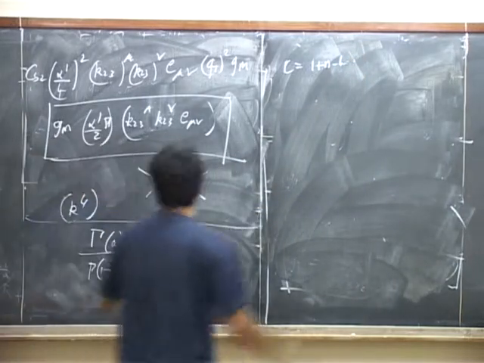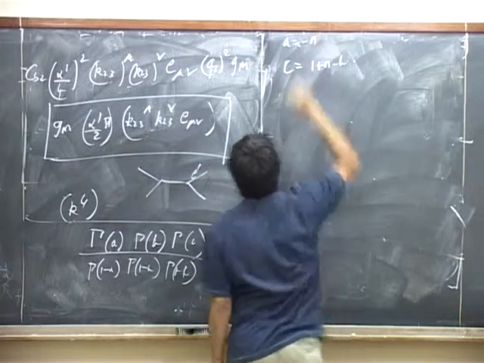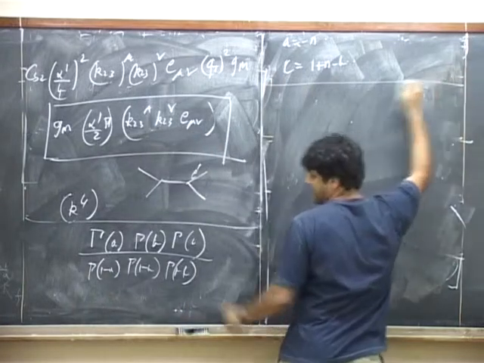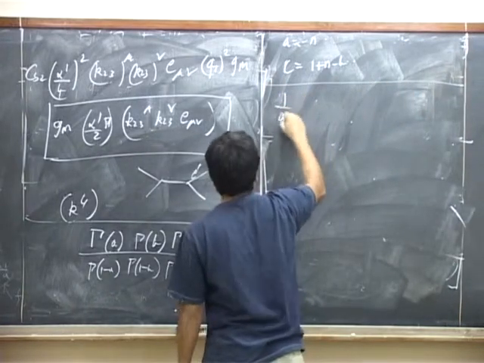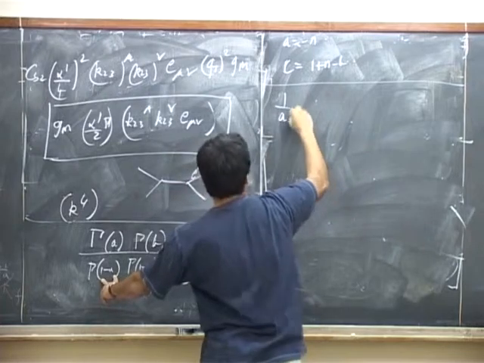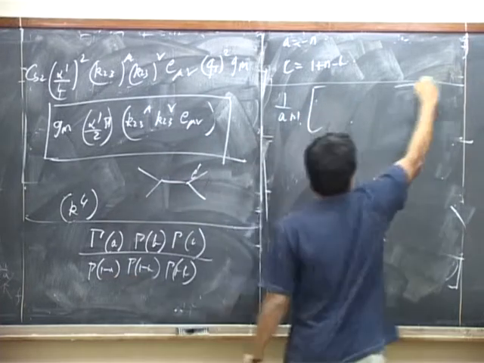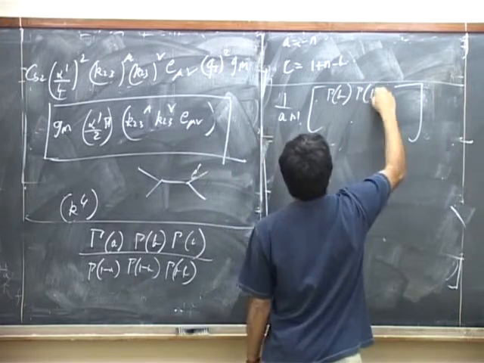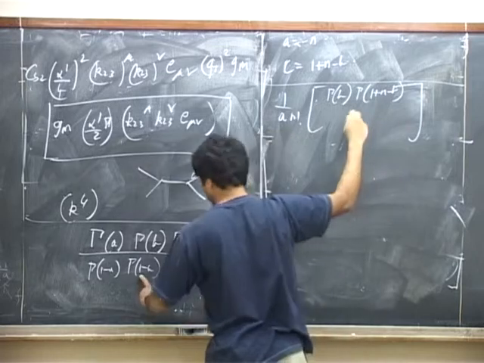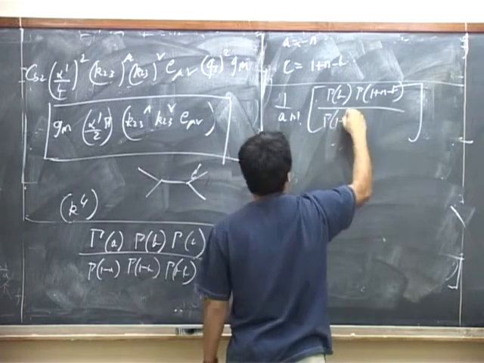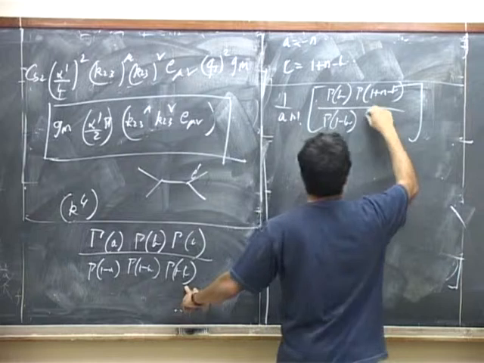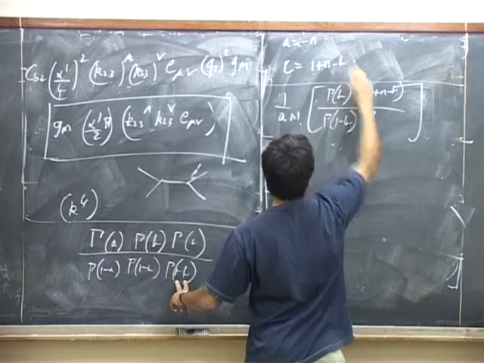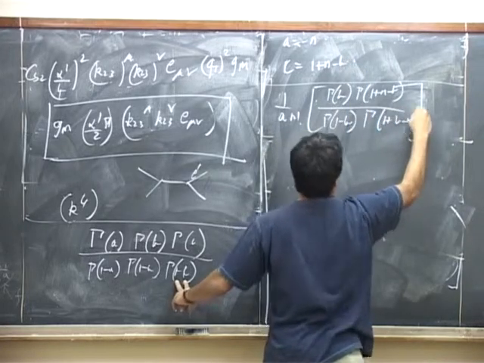Okay, so if a is equal to minus n, c will be equal to this. So what we will get is something of the form 1 over a times n factorial times gamma of b, gamma of 1 plus n minus b over gamma of 1 minus b times gamma of 1 plus b minus n.